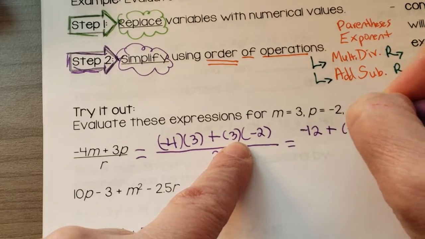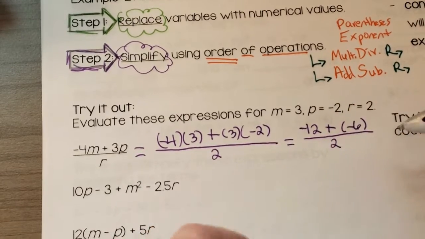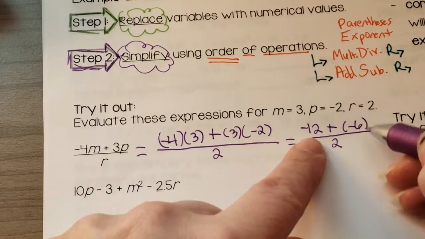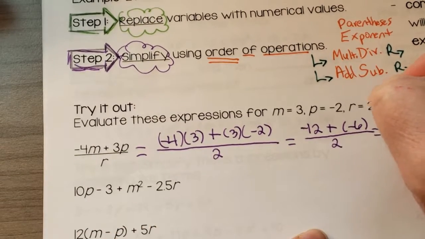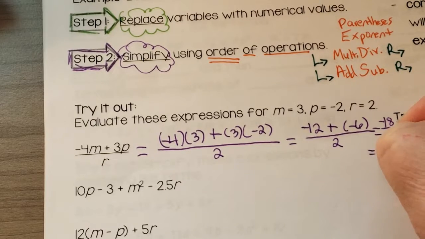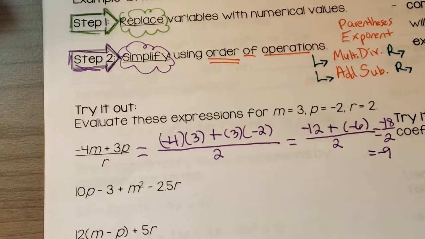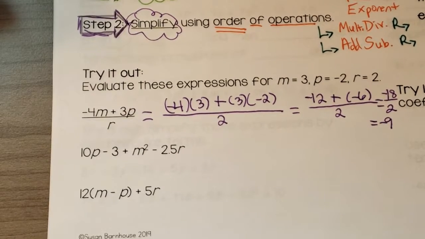That would be -6 over 2. And then I'm going to simplify again by adding -12 plus -6. That's going to be -18 over 2. I have one last thing then to do. I'm going to divide -18 by 2, and that's going to give me -9 for my final answer on that first one. You try the next two on your own.